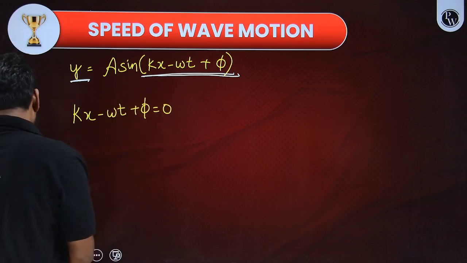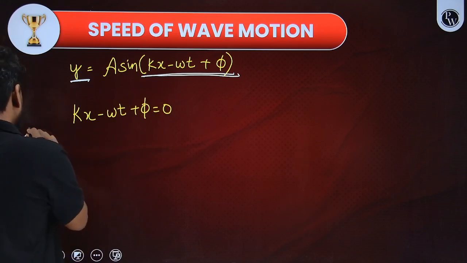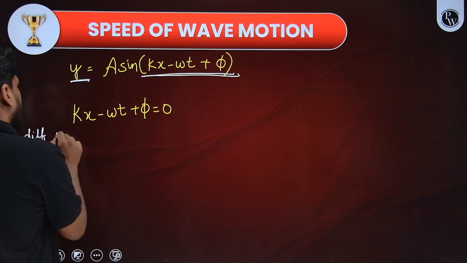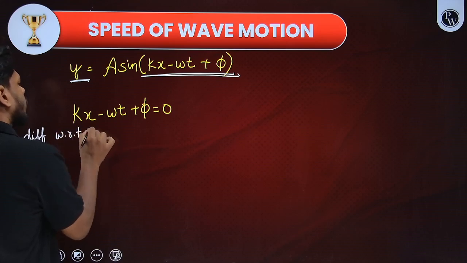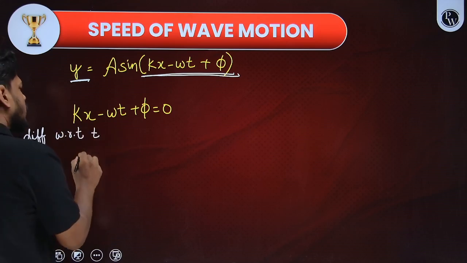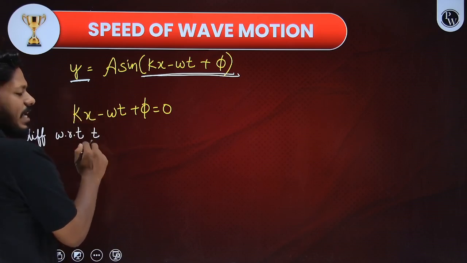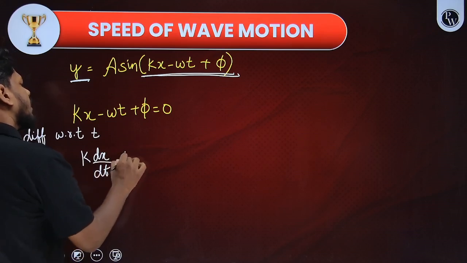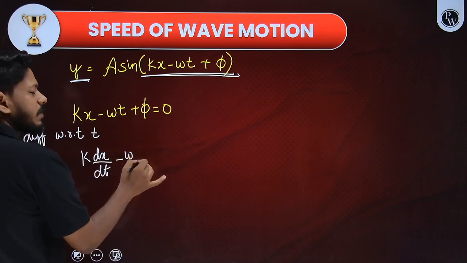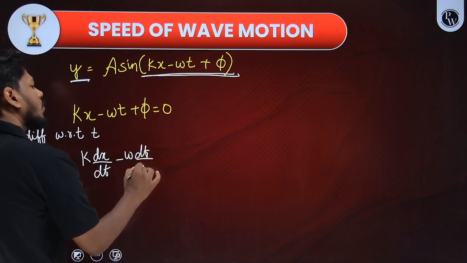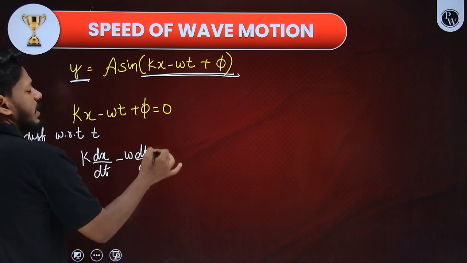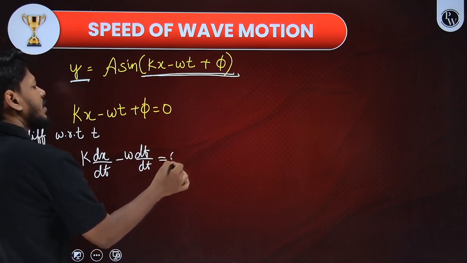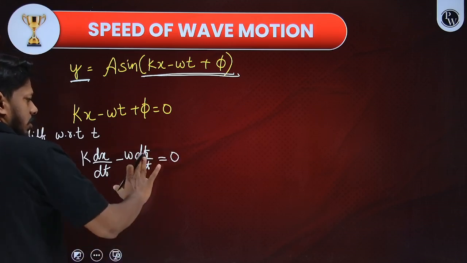If I differentiate it with respect to time, k is constant. Differentiating the phase with respect to time, I get k dx by dt minus omega, times dt by dt, which is 1, plus phi. Phi is a constant, so on differentiating I get 0. This will get cancelled.